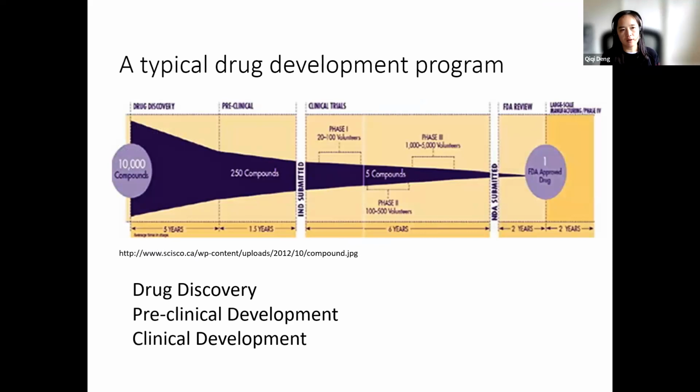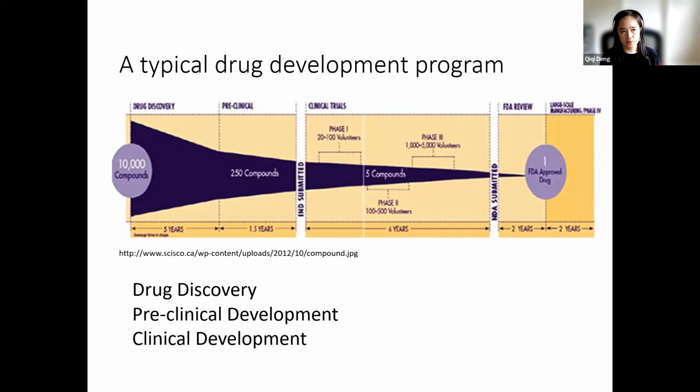To start the conversation, this is a diagram of a typical drug development process. Everything starts from discovery, especially in the lab. Once a compound is created, it needs to go through a series of clinical trials for testing.